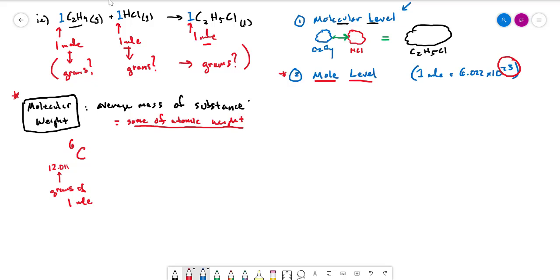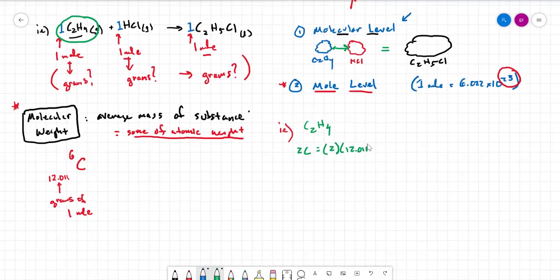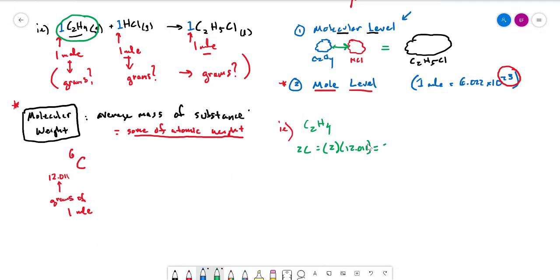Let's do an example in green. Let's do C2H4, the compound we started with up here. To compute the molecular weight, all we do is add up the individual atomic weights for each of the elements that comprise the C2H4 molecule. So we'd have 2 carbons, which is 2 times 12.011, which gives us roughly 24.